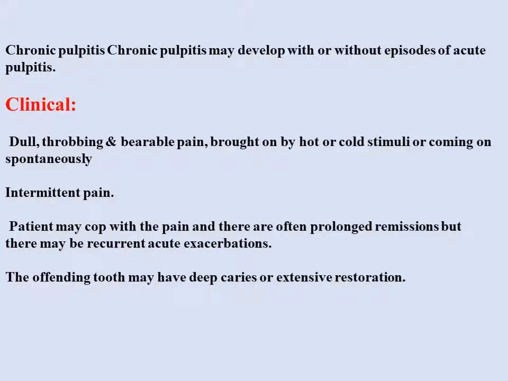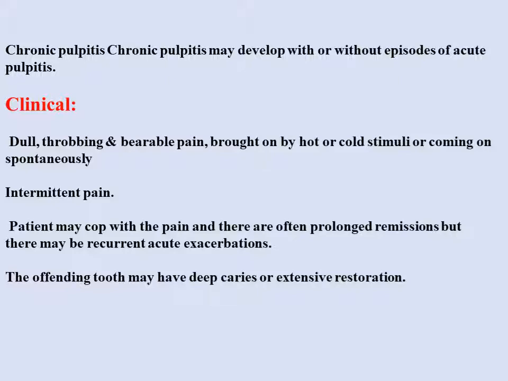Now, chronic pulpitis. Chronic pulpitis may develop with or without an episode of acute pulpitis. So it is possible that chronic pulpitis follows acute pulpitis, or from the start it began as chronic pulpitis. Clinically, we will have dull, throbbing, bearable pain, usually brought on by hot or cold stimulation, or it might come spontaneously.